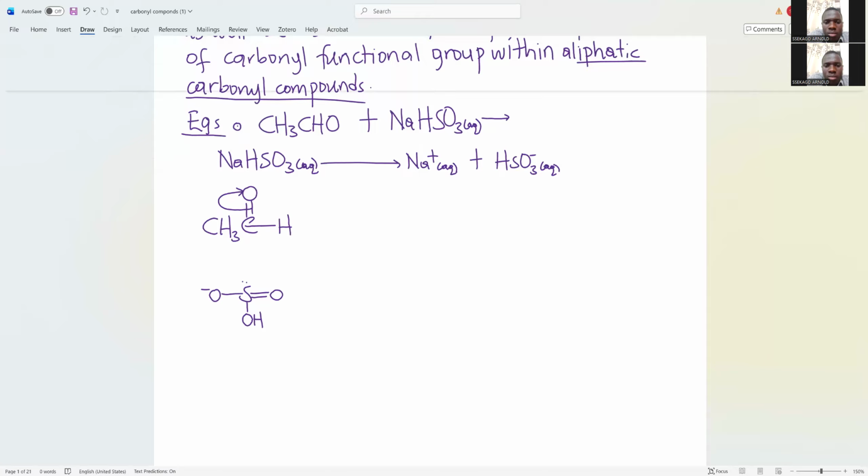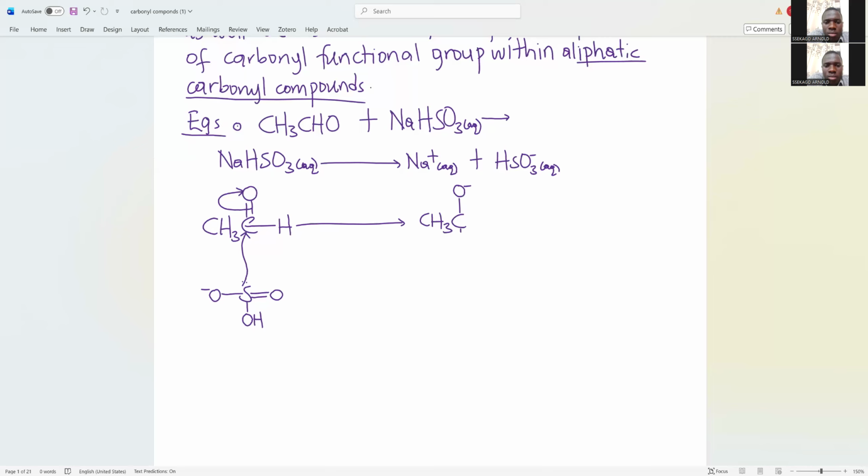Oxygen has taken away electrons from it. Therefore, what do we form? We form CH3. See, this is now a single bond with oxygen, which has a negative.